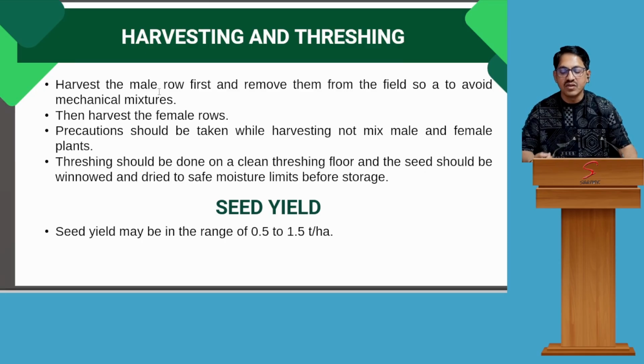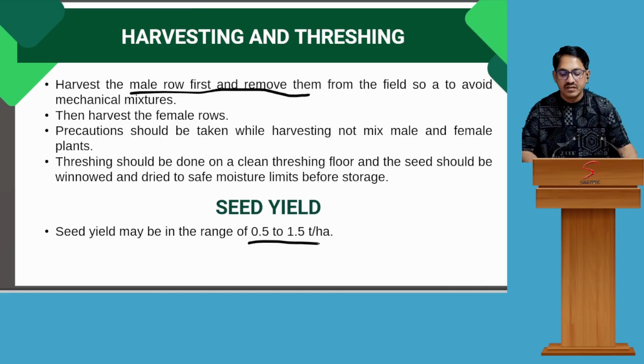That's why to avoid the contamination or mixture, we have to remove the male rows first from the seed production plot and then only harvest the female line. The threshing should be done on a clean threshing floor and the seed should be winnowed and dried to safe moisture limit before storage.